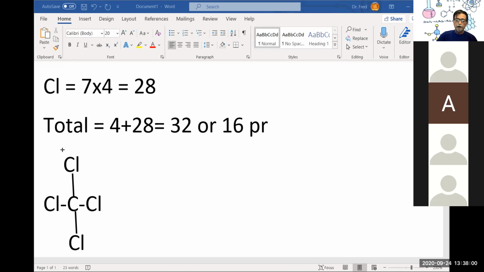And so I can very quickly go, there's 1, 2, 3, 4, 5, 6, 7, 8, 9, 10, 11, and 12. Now, go back and double check to make sure you have 16 pair, or if you want to count them individually, 32.